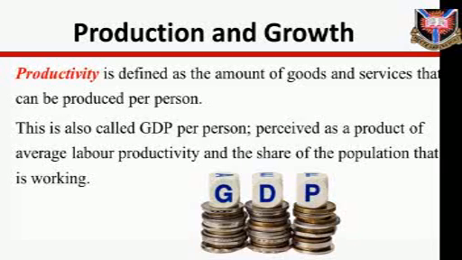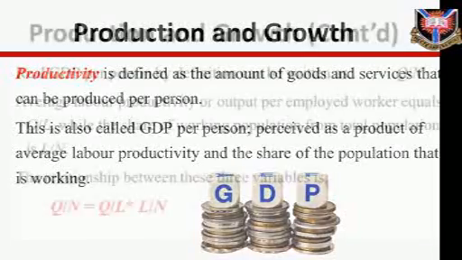To fix ideas about what productivity is, let Q represent aggregate output measured by real GDP. Let L represent the number of employed workers, and let N represent the total population.